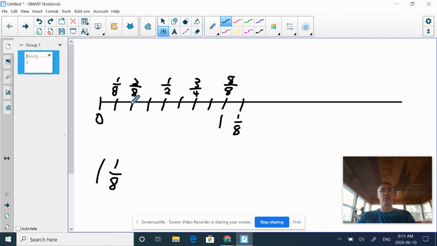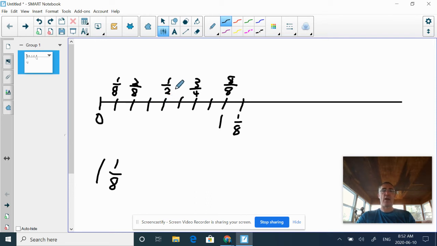So I've got 1, 2, 3, 4, 5, 6, 7, 8, 9. So that makes sense. 1 1/8 is the same as 9/8. So halfway between 9, though, is going to be 1, 2, 3, 4 and a half.